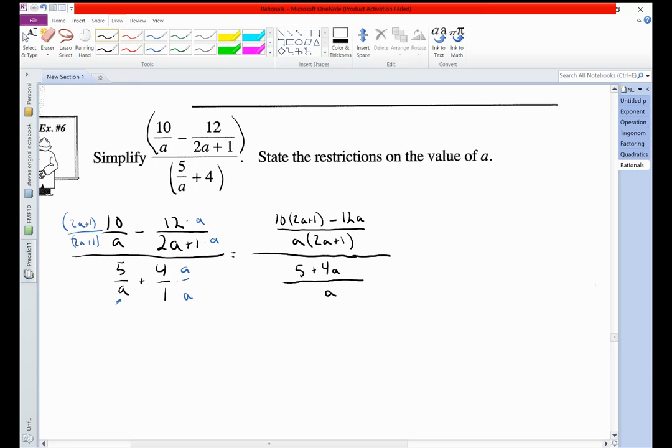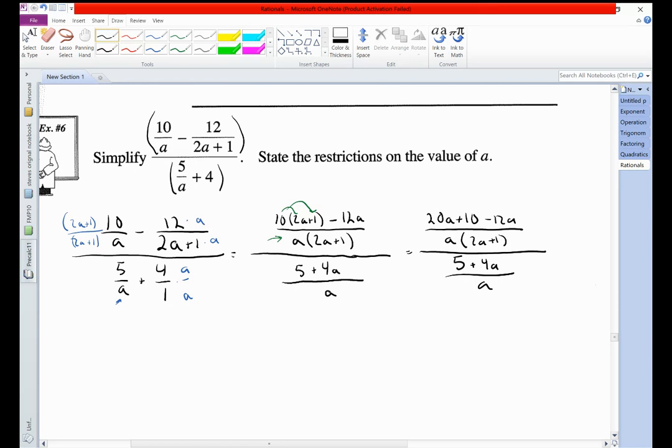I can simplify the top a little bit. That 10 is going to multiply through. I'm going to leave this bottom one the way that it is because we don't want it to be not factored. So now this is going to be 20a plus 10 minus 12a all over a times 2a plus 1, all divided by 5 plus 4a over a.